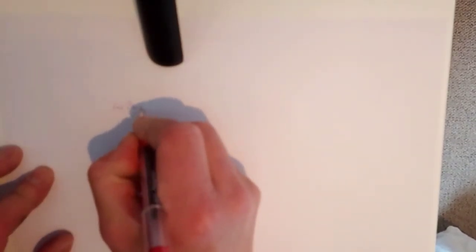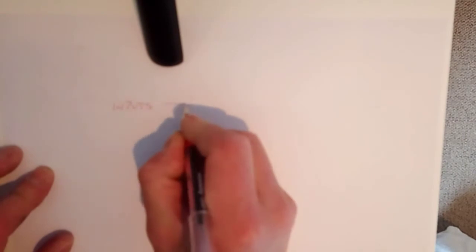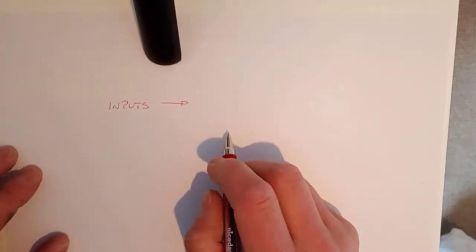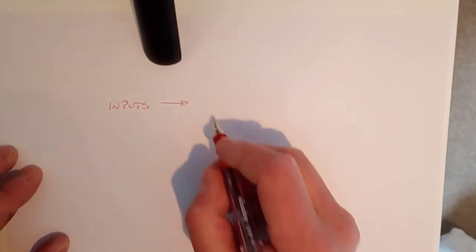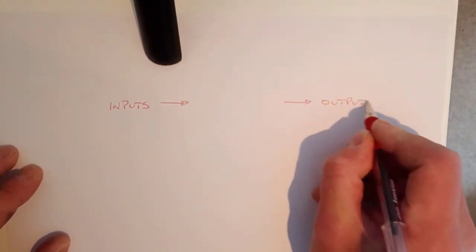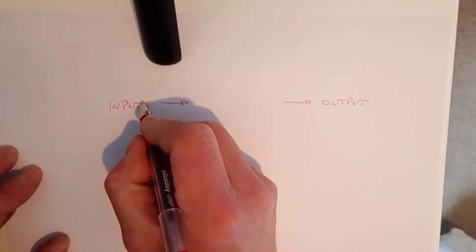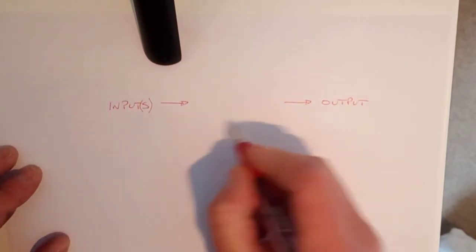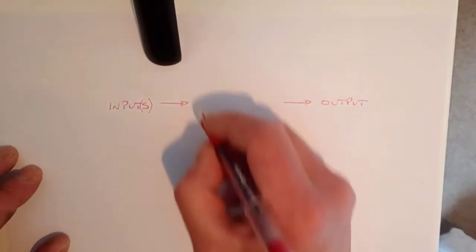They all have inputs. Every system, regardless of what it is, even a domestic oven or a kettle, has an input, and they all have outputs as well. Sometimes it's just one input, or there may be more than one output.